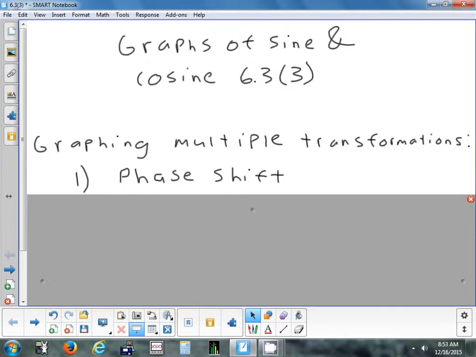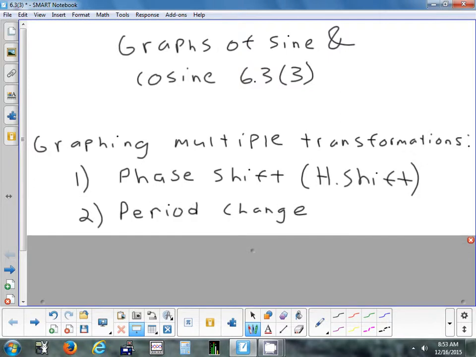Always do your horizontal shifts first. After you do your horizontal shifting, then you do your horizontal stretching, or it could be compressing, depends on the problem.